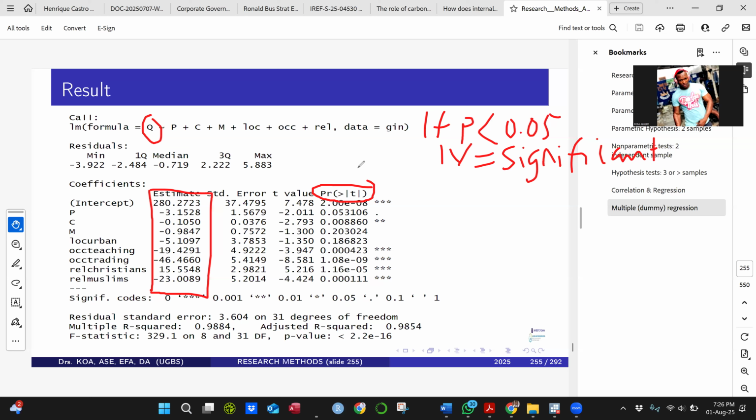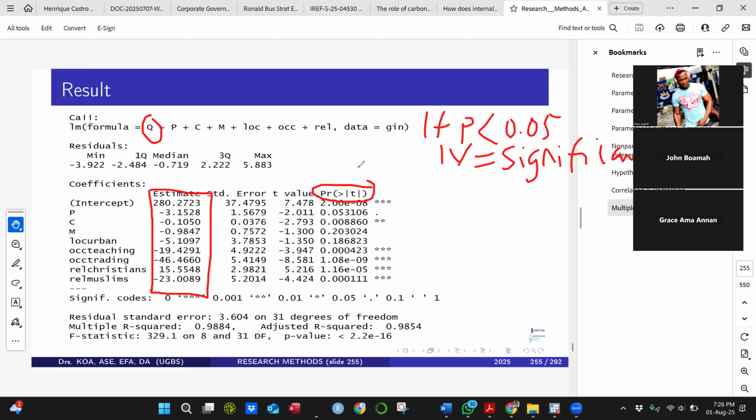Sorry, say that again. If 0.053, if you run it to 2 decimal places, you still get 0.05000, which is equivalent to 0.05. The p-value. Unfortunately, this person didn't ask you to round it.